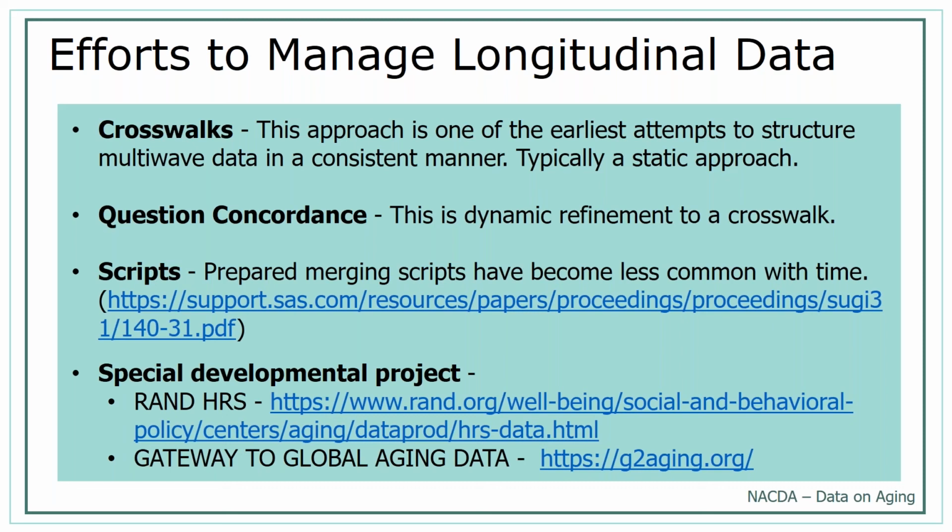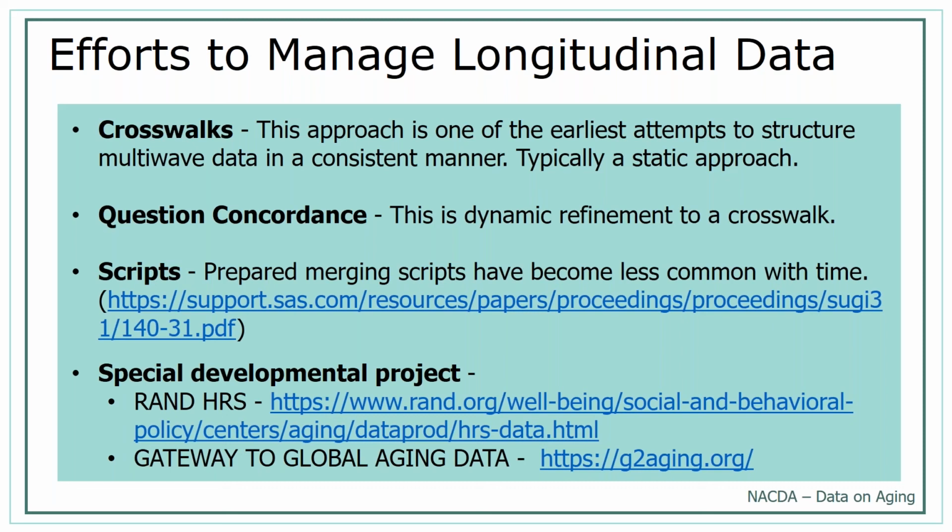An improvement of that is a question concordance, something like the Health and Retirement Study has, where you can search for specific variables and it will line them up so you can see how the pattern changes across time. And it's also much easier to find specific themes or refinements. So this is an improvement over the old-fashioned crosswalk and a useful tool.